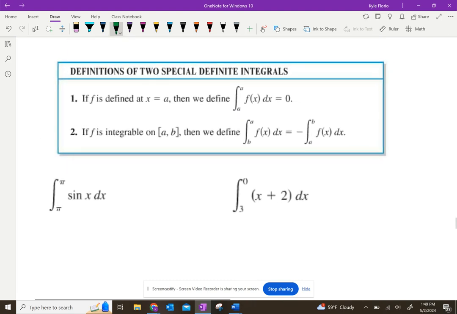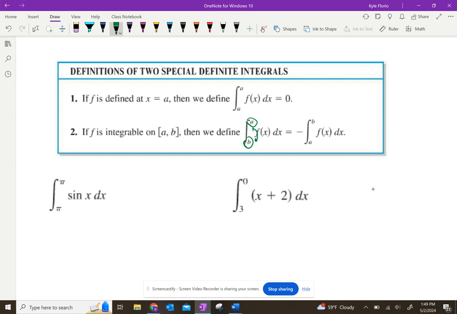Okay, copy down these two definitions of special definite integrals. If f is defined at x equals a, then we write the integral from a to a of a function is always 0. Think of this as if the width starts at a and ends at a, there is no width. So the area of that region is always going to be 0. And if I switch a to b to b to a, you can always flip these limits of integration.